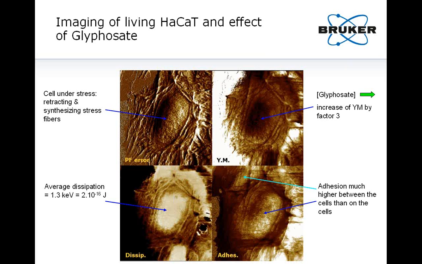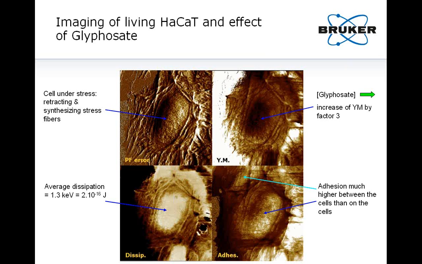of PeakForce QNM. So the cells were exposed to glyphosate, which is an oxidative agent that has been shown to have the ability to go through the skin and cause severe impairments. First, control cells were explored by PeakForce QNM, and then different concentrations of glyphosate were tested on living HaCat.